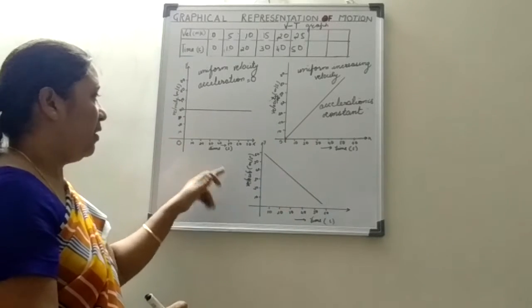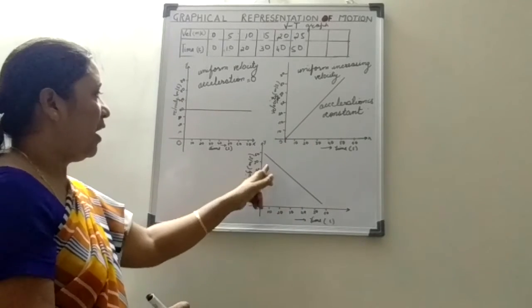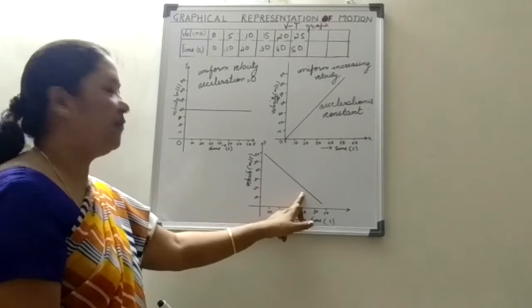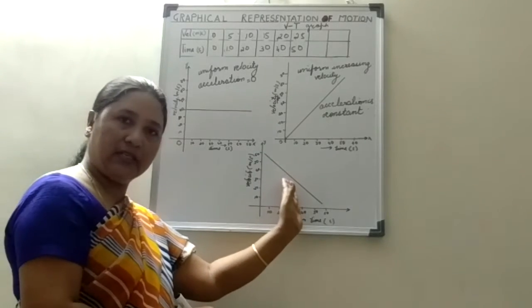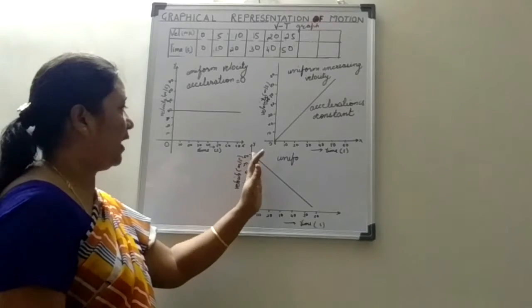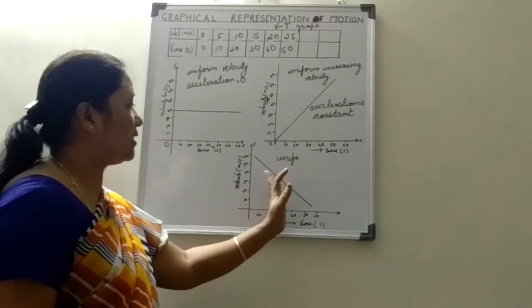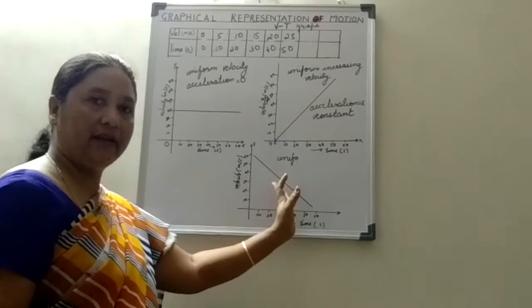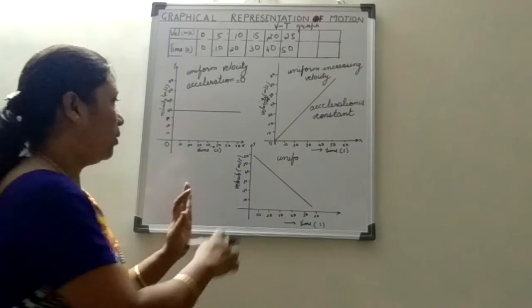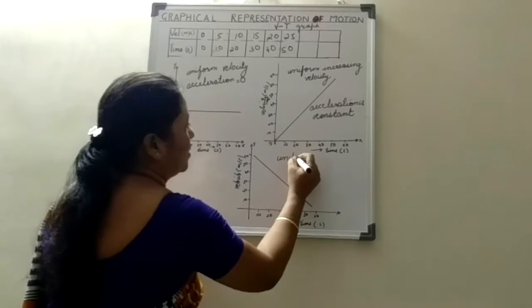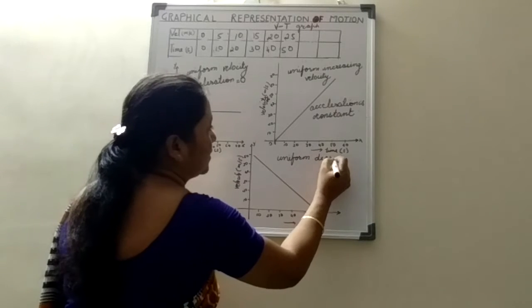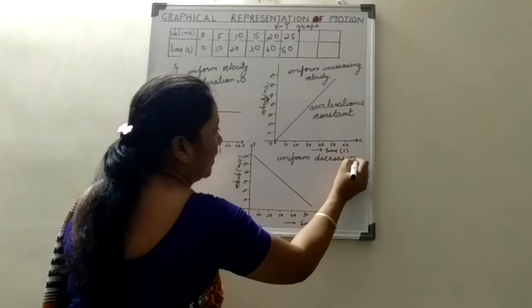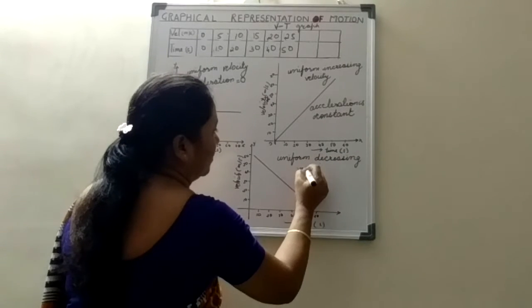Now the third graph. This is a velocity time graph, and you are seeing a different type of line here. Observe that this line is a declining line, so there is uniformly decreasing velocity.